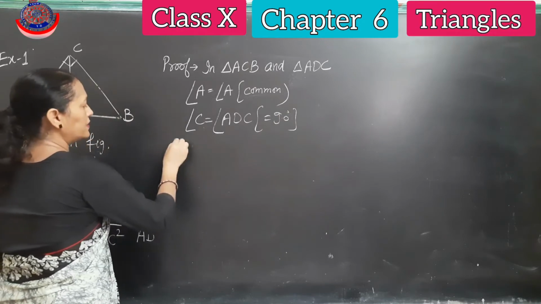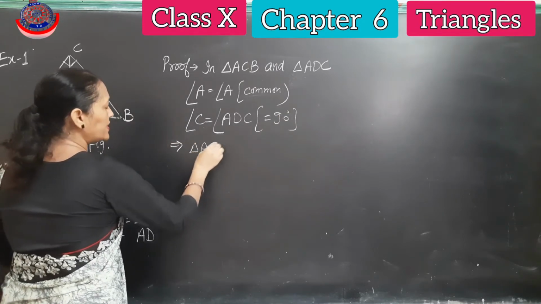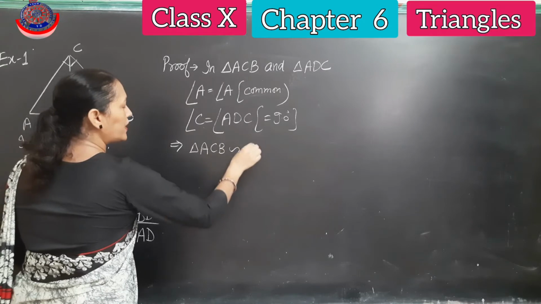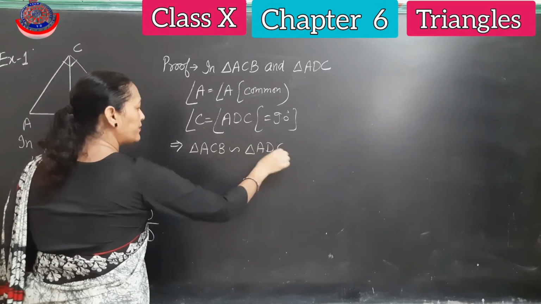That means triangle ACB is similar to triangle ADC.